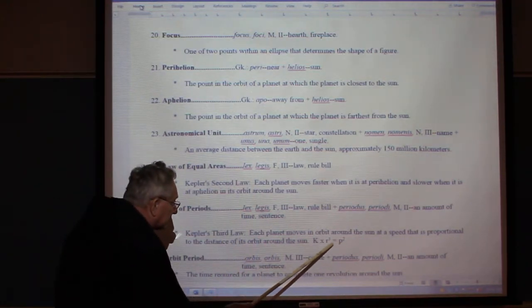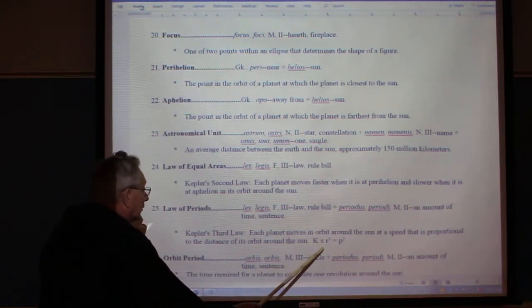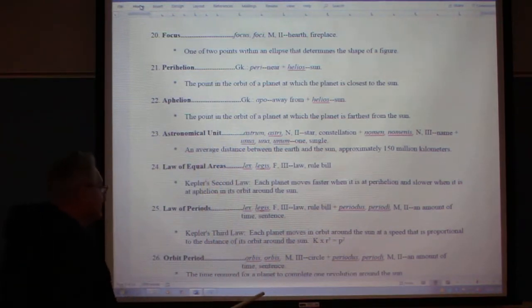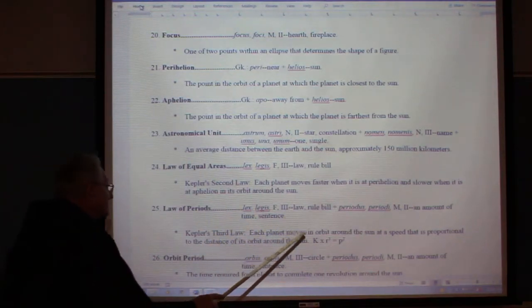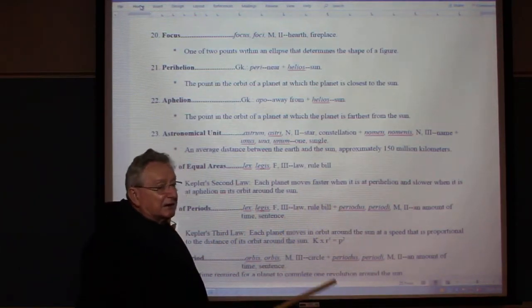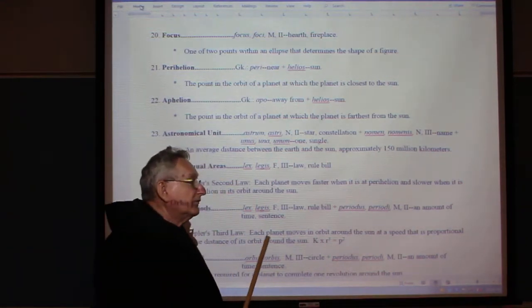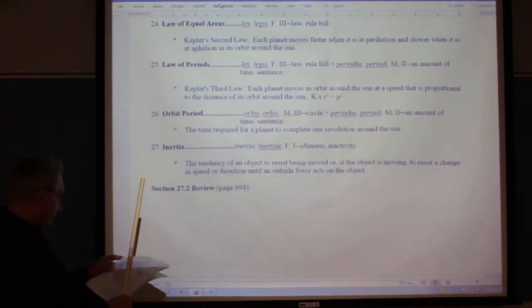And that's his wonderful formula, k times r, radius cubed, equals the actual distance, proportional distance. And he was able to use that formula to help figure out how far all the other planets are from the sun. Very complicated.